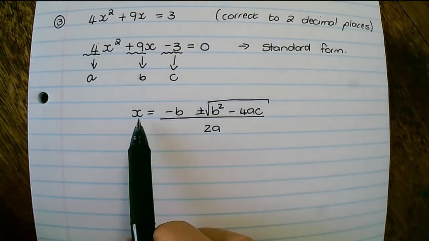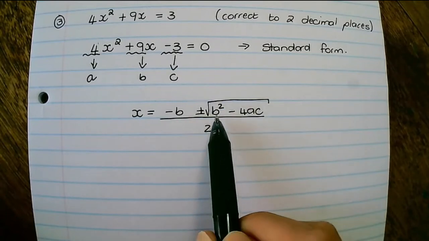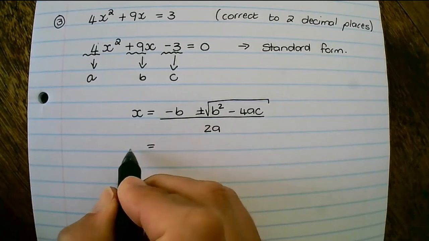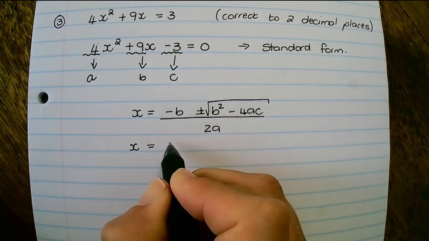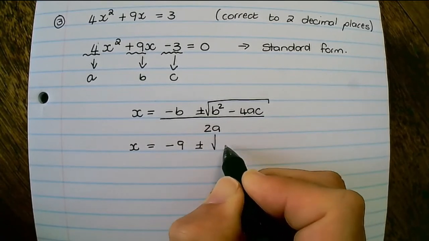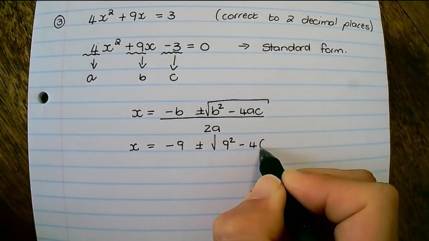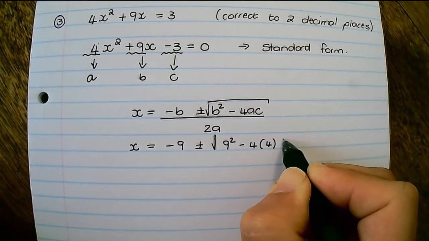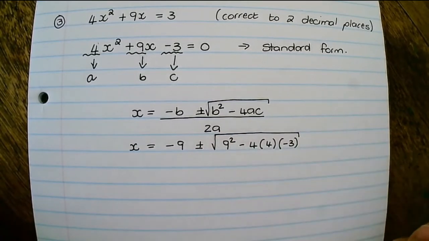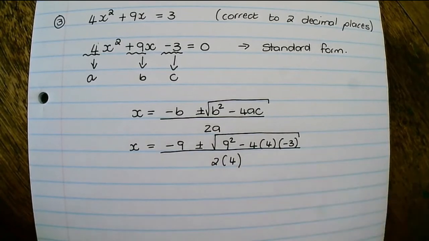Now you would find the quadratic formula on the formula sheet provided for you, so make sure you copy it correctly. And then the only thing that you need to do is substitute. So b is 9, plus minus the square root of b squared, 9 squared, minus 4 times a, which is 4, times the c value, which is negative 3, over 2 times 4.